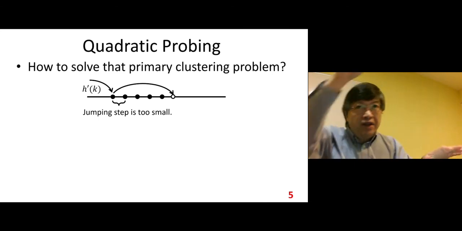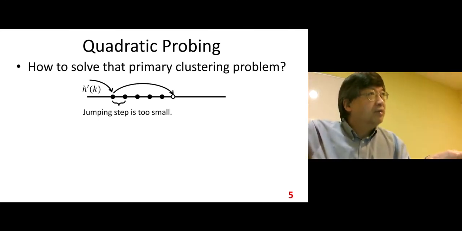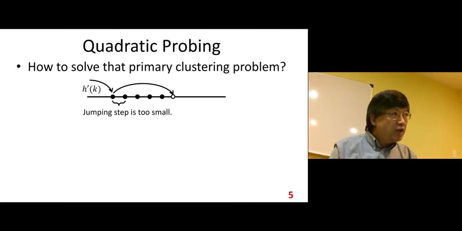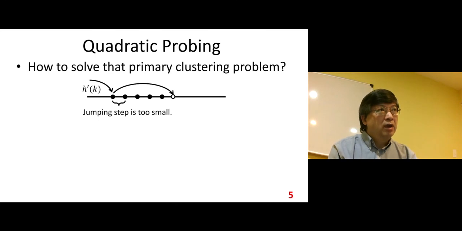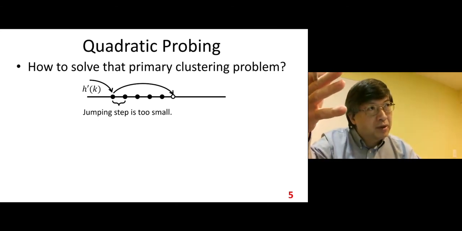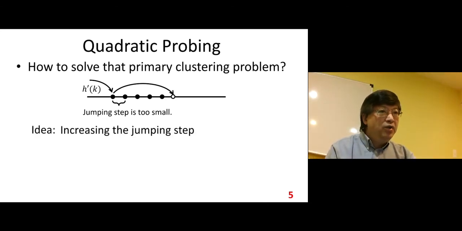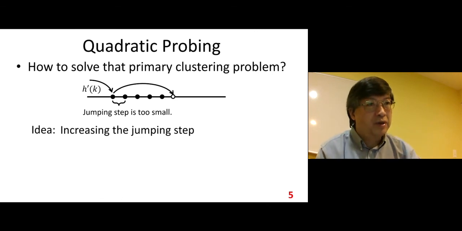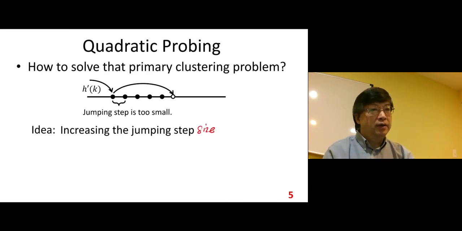Can we jump faster, not necessarily one step at a time, but many steps every time? Can we do a little better? So we use that idea, increasing the jumping step size.